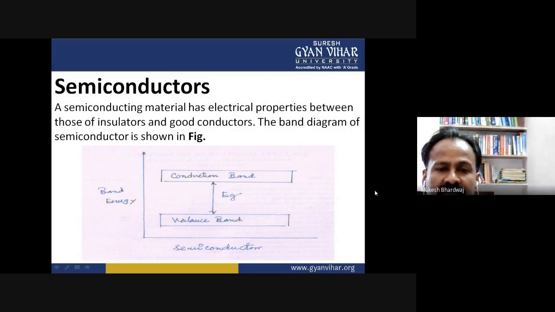In the figure shown to you, the conduction band and valence band are separated by an energy gap, or forbidden energy gap, but it is somewhat smaller than in an insulator.